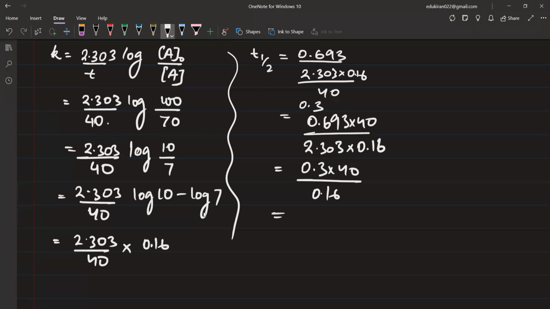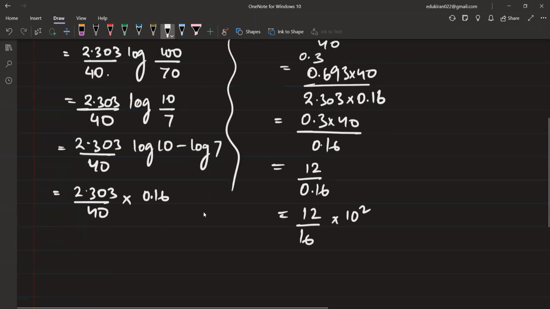4 3s are 12. So it will be what? We're getting 3 by 4, right?